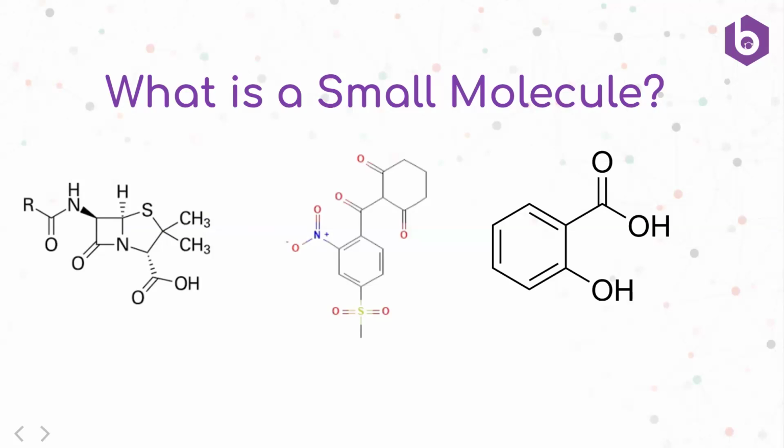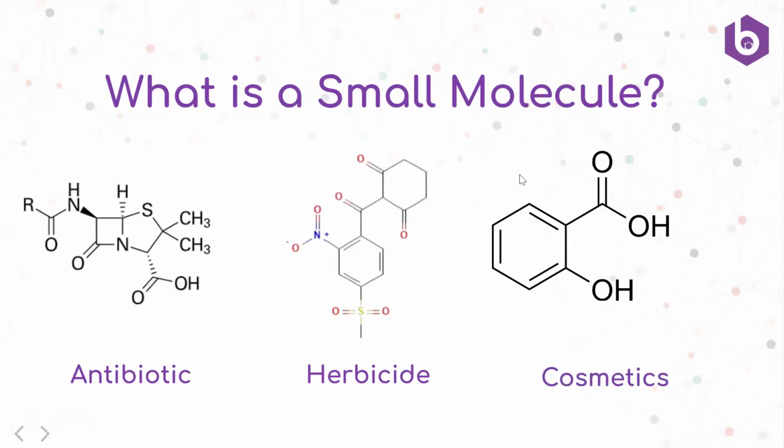Now, we might be familiar with different types of small molecules. For example, the initial one here is an antibiotic. It's penicillin, one of the first antibiotics to be discovered. Then you have mesotrione, which is a herbicide. And then you have this chemical entity, which is salicylic acid, a very common cosmetic agent used for a bunch of cosmetic purposes.